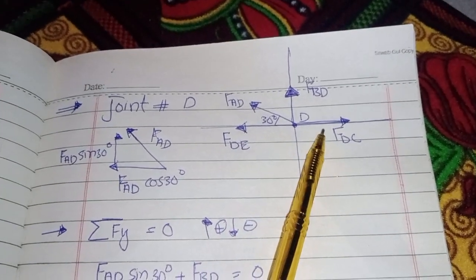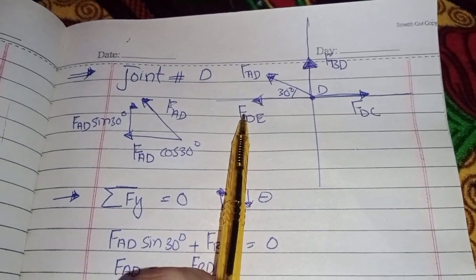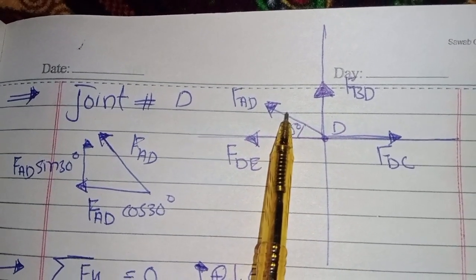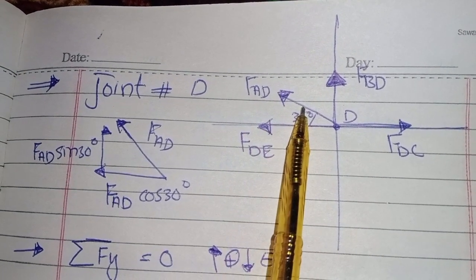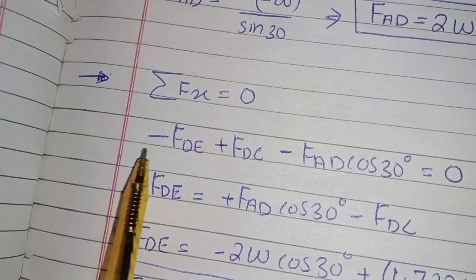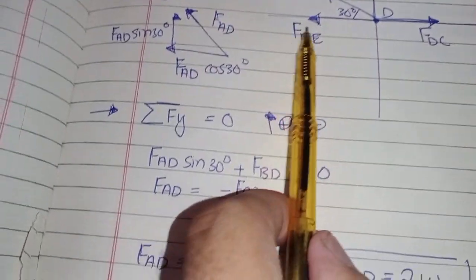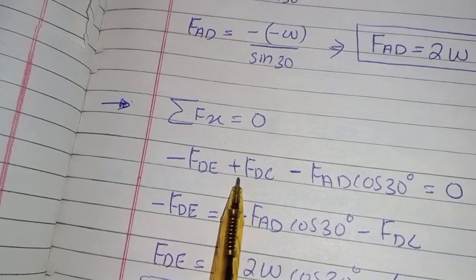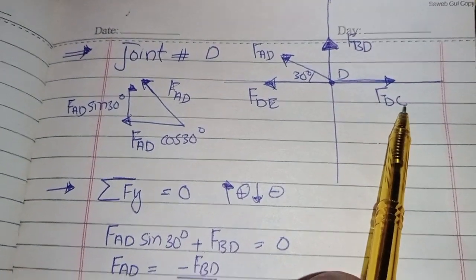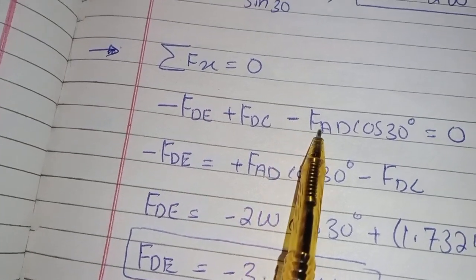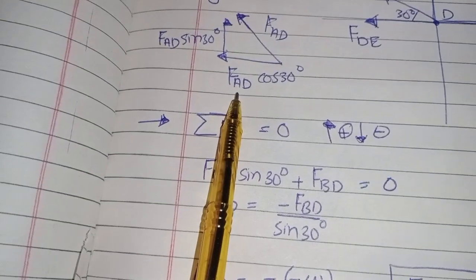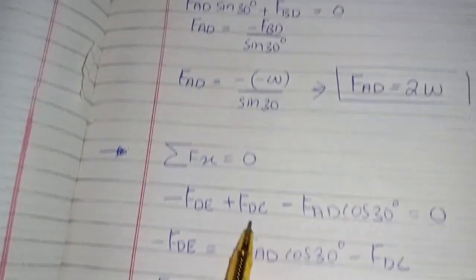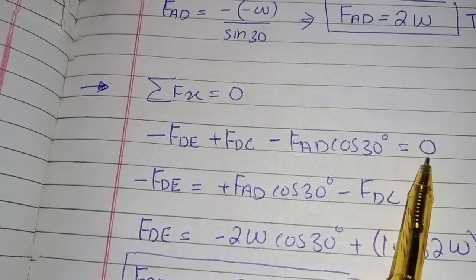One horizontal force is this, another horizontal force is this, and another horizontal force is the component of this force, FAD. So negative FDE plus FDC, which is this force, and negative FAD cos 30 degree, which is the component of this force, equals 0.